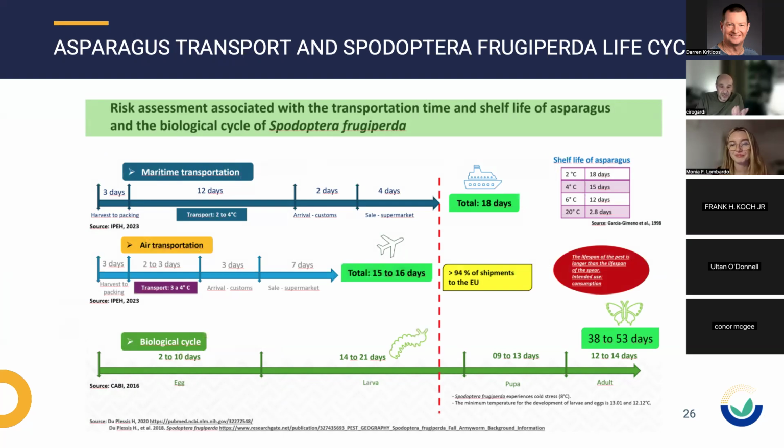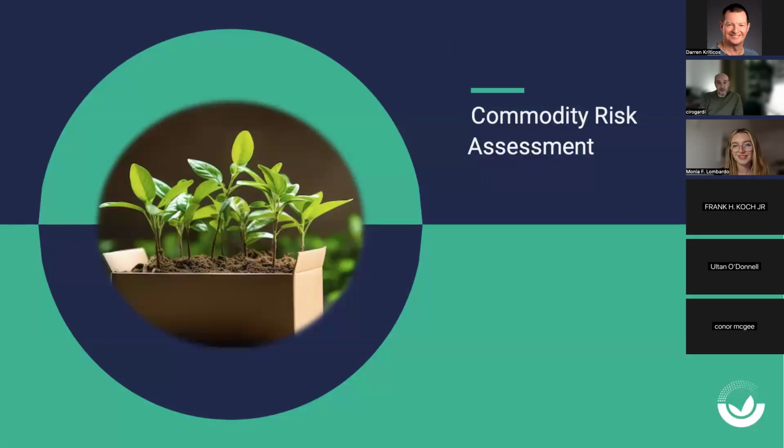Here the transport by airplane or ship is indicated, but 94% of the shipment is by airplane. That's it. I give the floor to Monia.